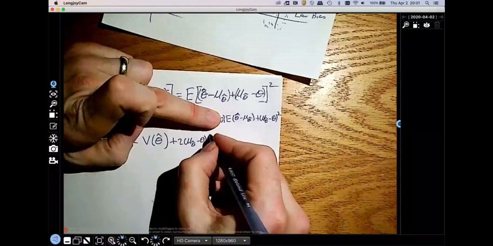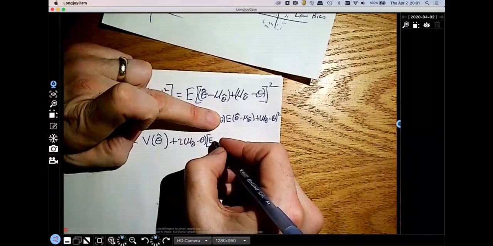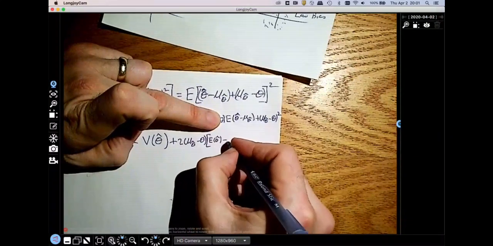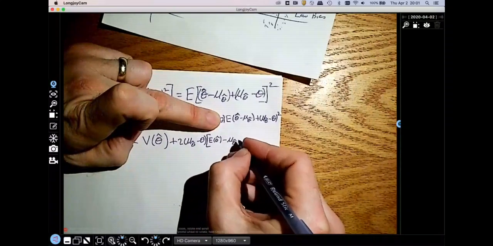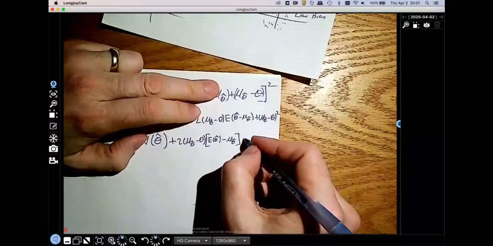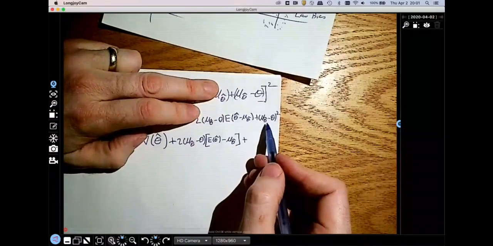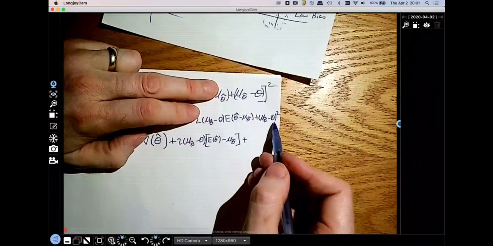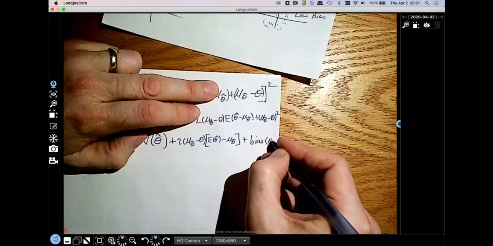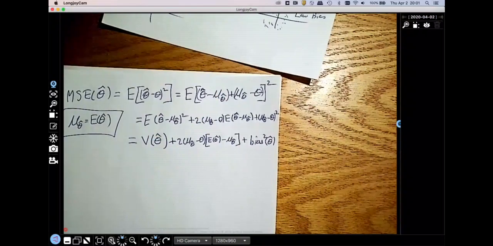And then I'm going to write this as the expected value of theta hat minus mu theta hat. And then what do we have here? We have the mean of the statistic minus the parameter squared. This is just the bias of theta hat squared. So let's write that as the bias squared.